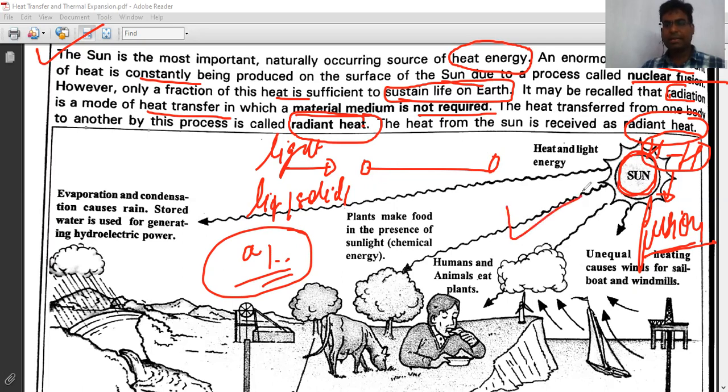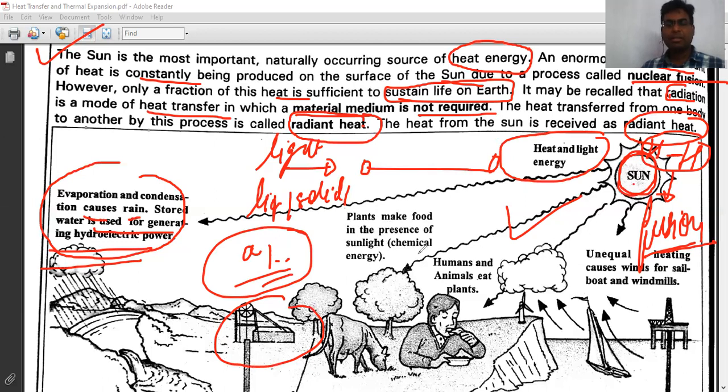This is the diagram given to you. Heat and light are coming from the sun, and evaporation and condensation cause rain. The stored water is used for the generation of hydroelectric power, right? So various processes happen on the earth. These are the processes happening on the earth's surface.